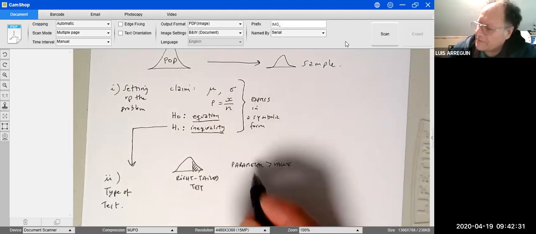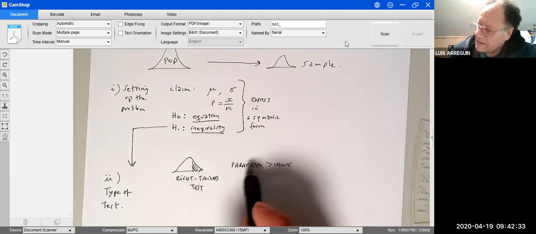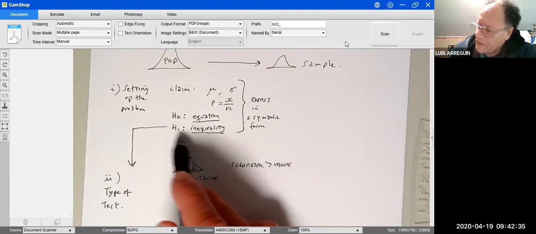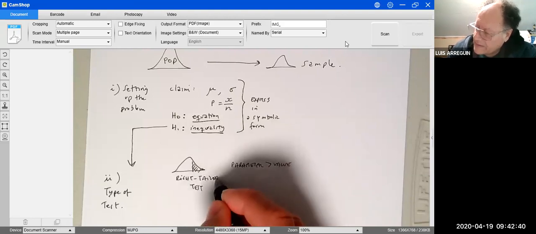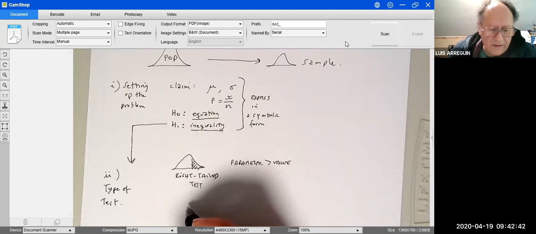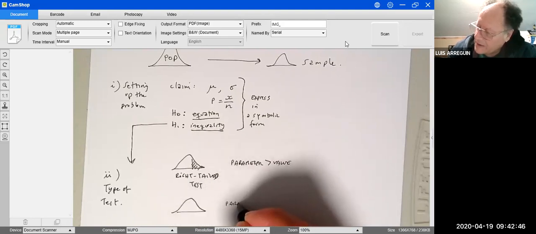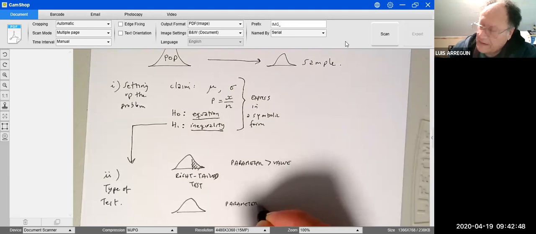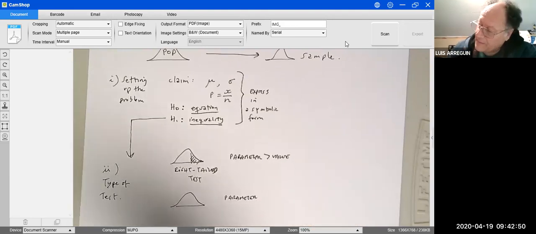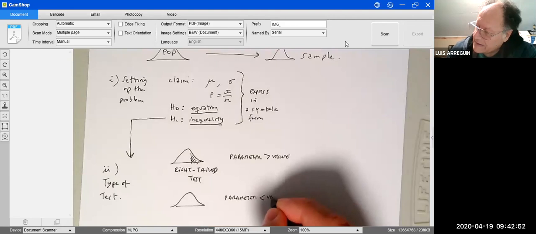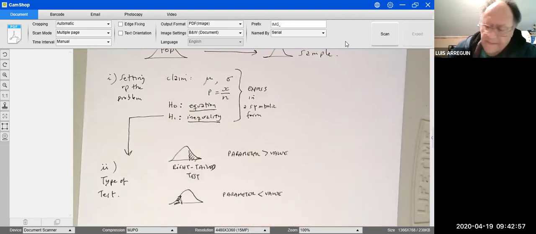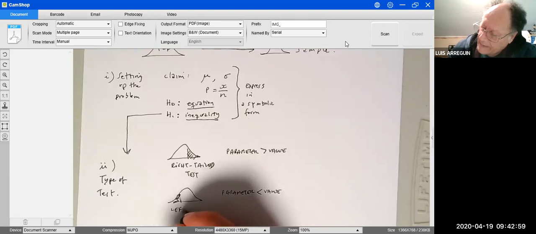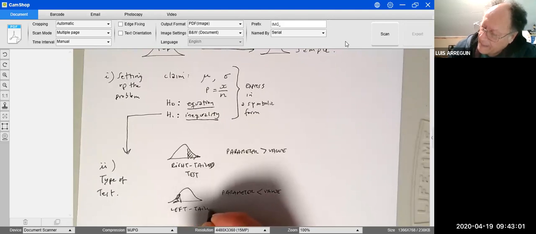So when you have this kind of inequality for your alternative hypothesis, then you are dealing with a right tail test. The other possibility is if you have your inequality written in the following way, that you have a parameter less than a value, then this is a left tail test.